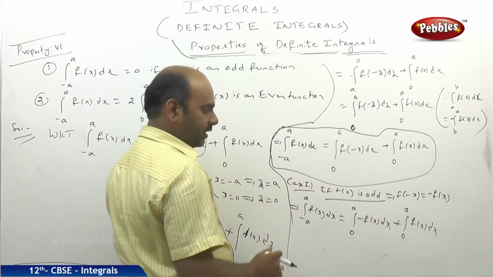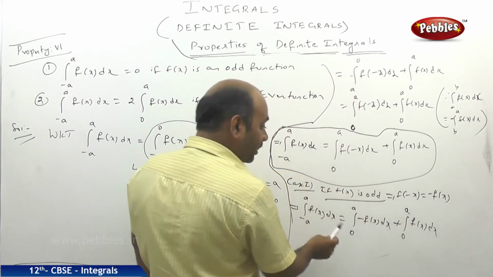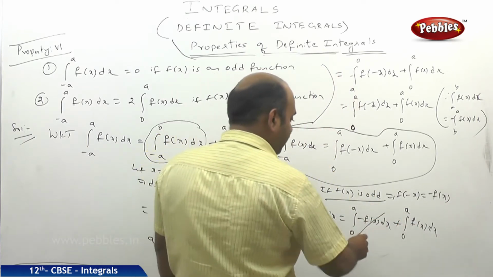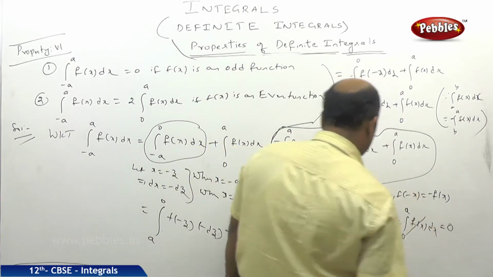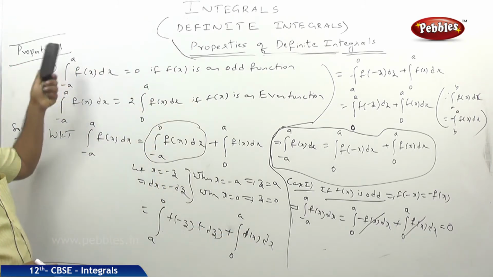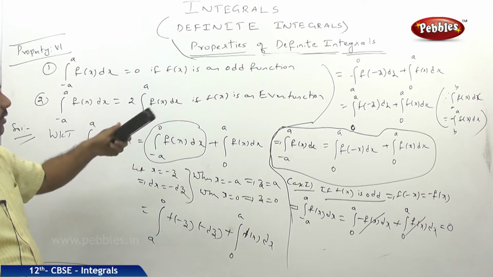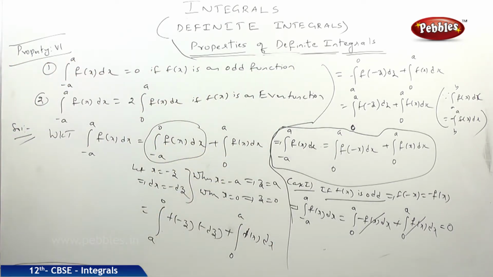The minus gets cancelled, both cancel out, and this gives rise to 0. So the final conclusion: integral of minus a to a f of x dx is equal to 0, provided f of x is an odd function.